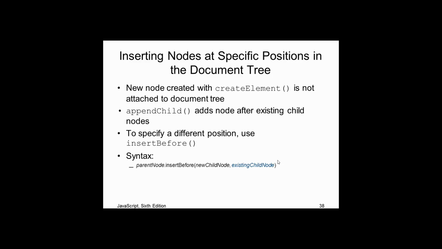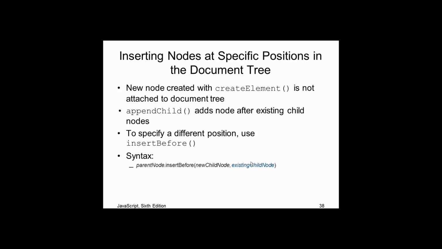And inside the method, you have two arguments: the new thing that you're inserting and the existing child node, which is where you're inserting before. So you target a parent. You say, this is my parent. This is the node I want to insert. And this is the child node I want to insert it before.